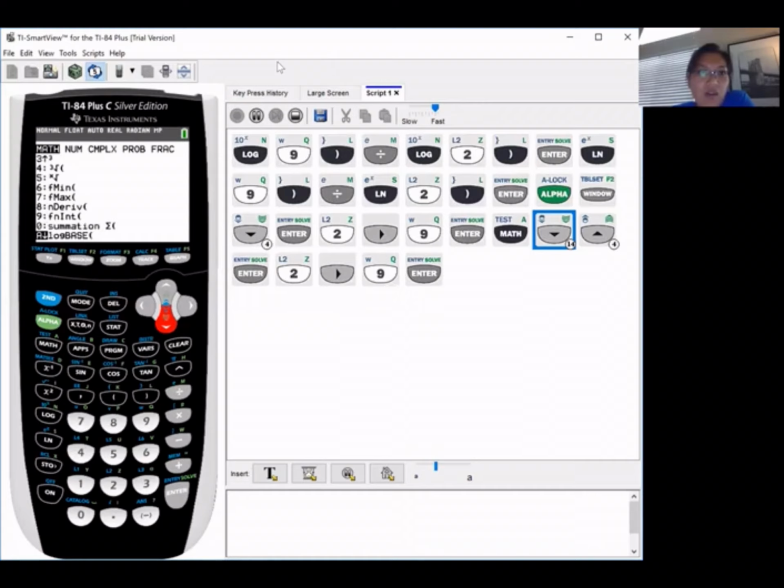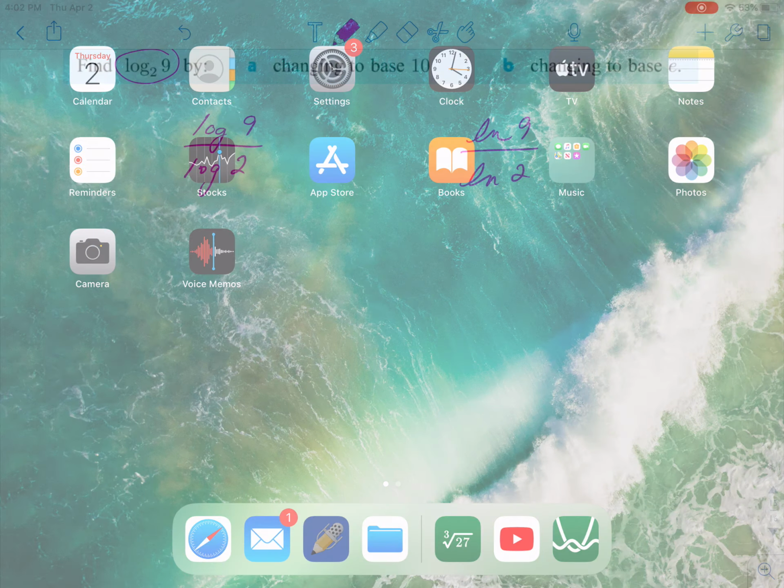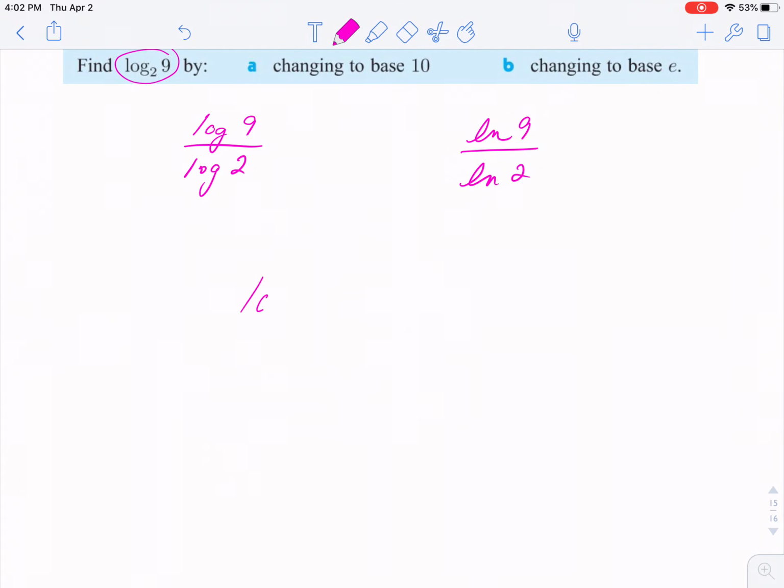It pulls up the same one as you'd get when you do alpha window with those shortcuts, which we talked about earlier. It's basically entering the base of 2. The calculator will give you a box for the base and a box for the number, so you can enter base 2, enter the 9, and you end up each time with the same exact answer.